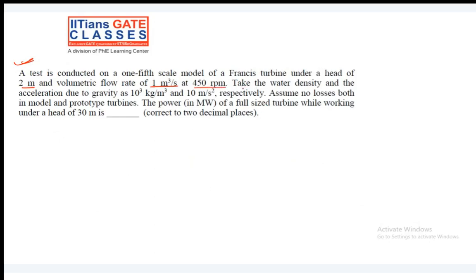Take the water density and the acceleration due to gravity as 10 to the power 3 kg per meter cube and 10 meter per second square respectively. Assume no losses both in model and prototype turbines. Then the power in megawatt of a full size turbine working under a head of 30 meter is what?